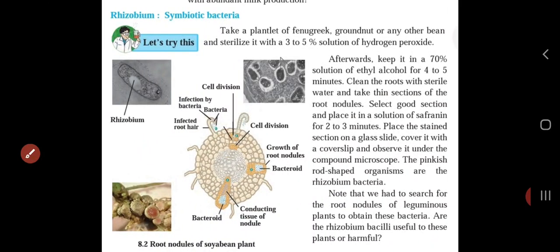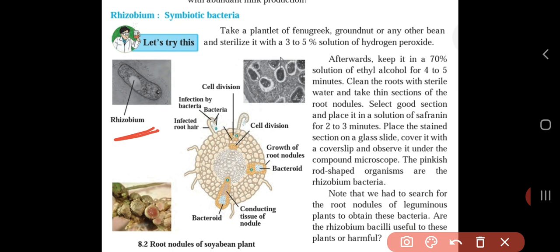Now moving ahead with the second type of useful bacteria, that is rhizobium. You can see the diagram of rhizobium over here, how it looks under a microscope.